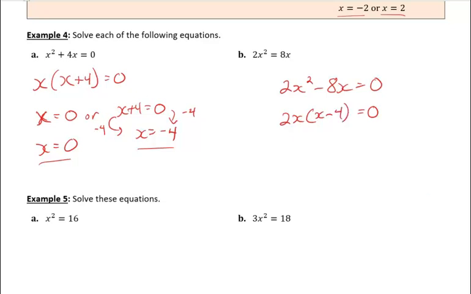So now we figure out what either of these is equal to 0. 2x equals 0 means x is going to be 0, because 0 will make that 0, or I'll add 4 to both sides. I'll put my arrows in. Plus 4 means that x is going to be 0 or x is going to be equal to 4.